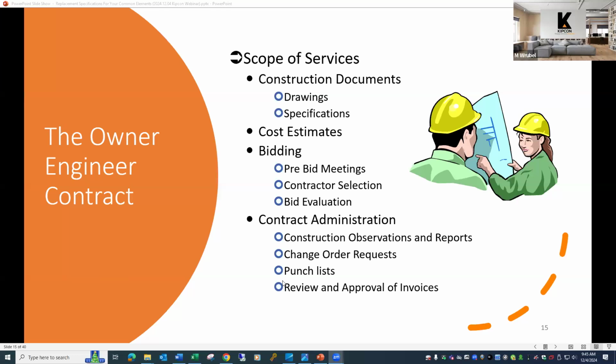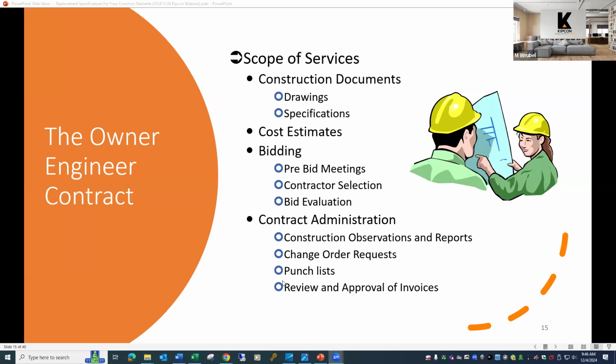Part of the bidding services also includes evaluation of the bids and a bid summary, looking at the bids received from each contractor and making a comparison between them, using that as the basis for selection of a contractor. The engineer is also involved during active construction in the contract administration services.